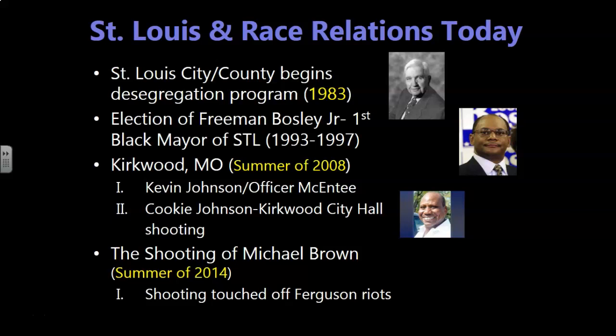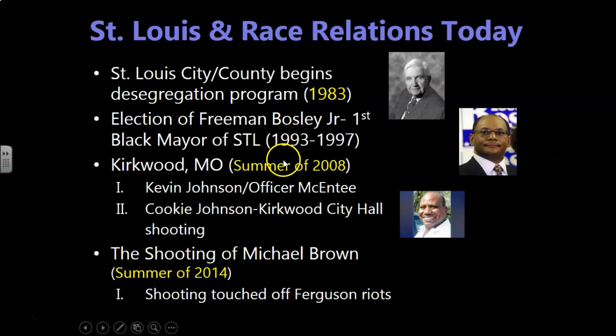They are not taking any more. And this desegregation program was ordered by a judge named William Hungate, and that is his picture. About 10 years later, St. Louis City elects its first black mayor, Freeman Bosley Jr., and then he is replaced by another black mayor, the second black mayor.